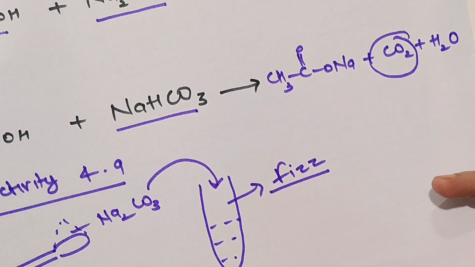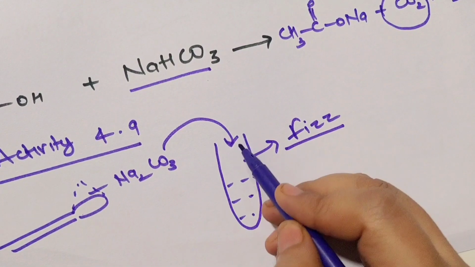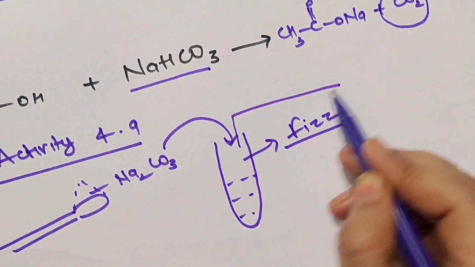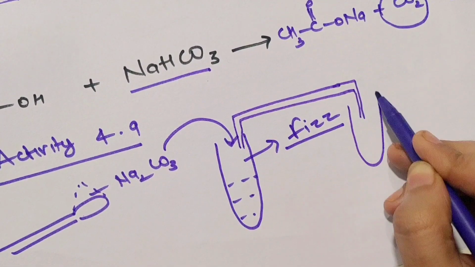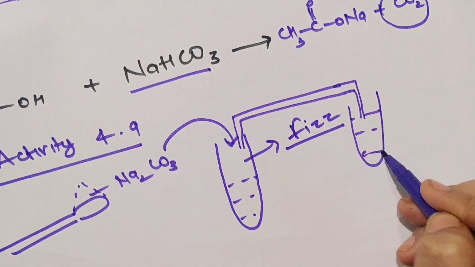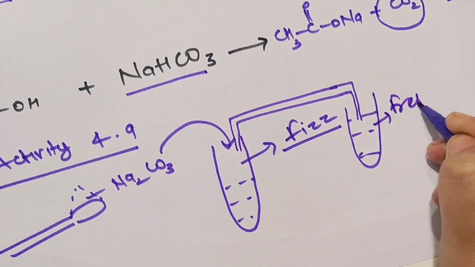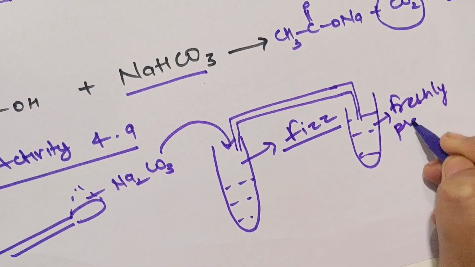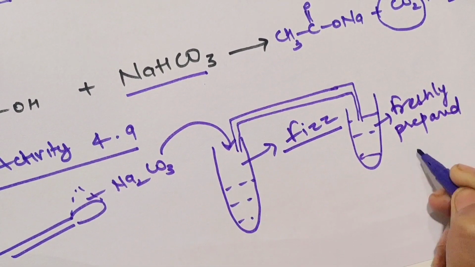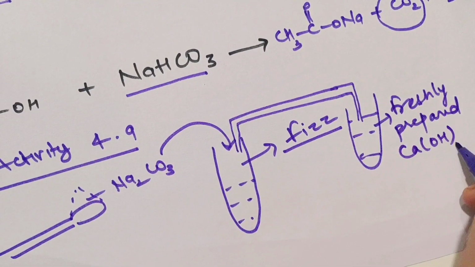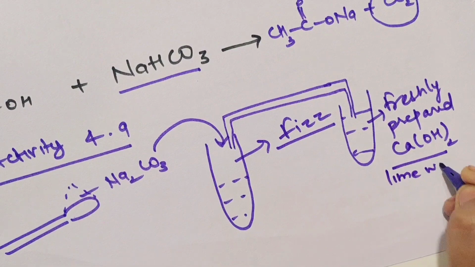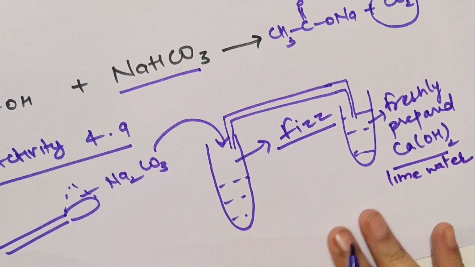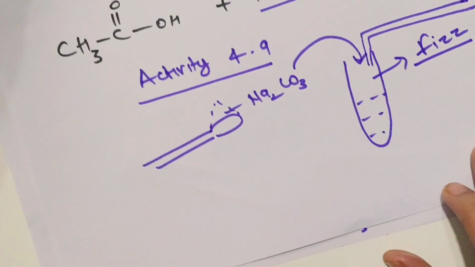Now, how else would you confirm that it's carbon dioxide? A test for carbon dioxide is that when you allow carbon dioxide to pass through freshly prepared lime water, it turns milky. Why does it turn milky?